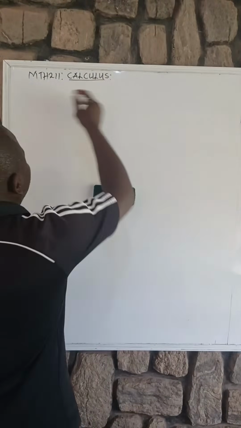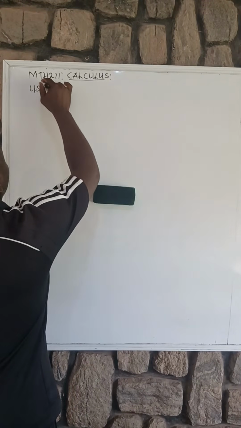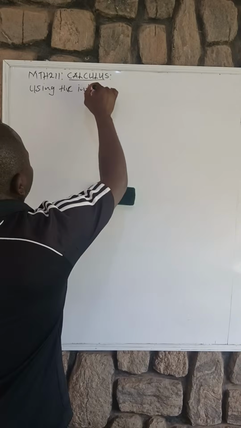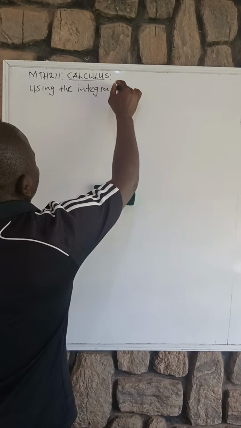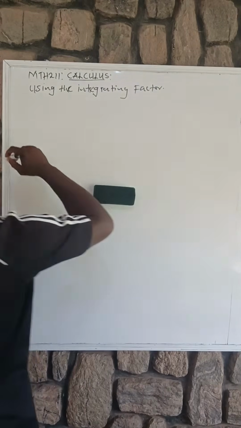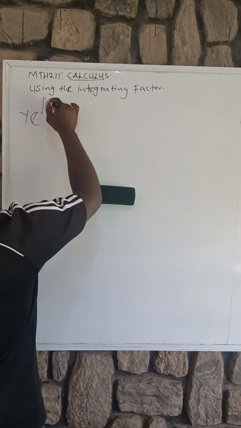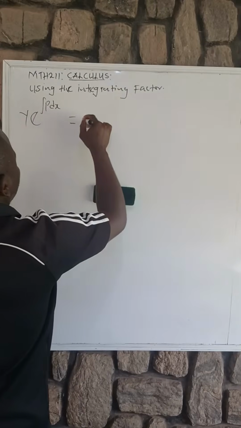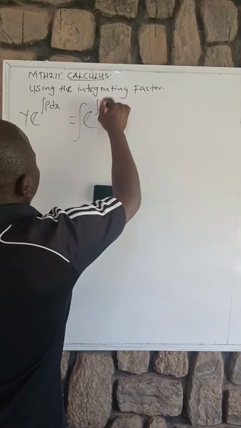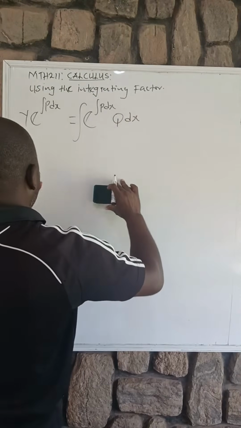Using the integrating factor, the formula is y times e to the integral of P dx equals the integral of e to the integral of P dx times Q dx, right?